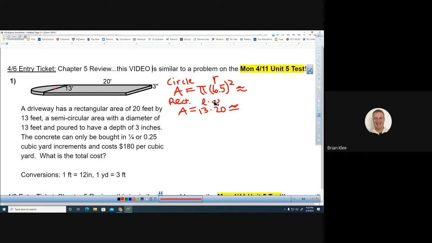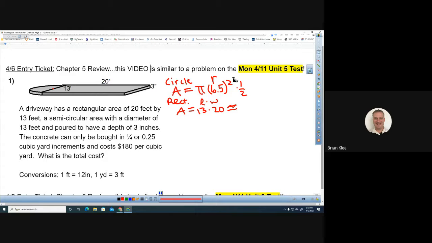So real quick on my calculator, I'm hitting the pi button, and I'm doing 6.5 squared. Oh, big issue here. I only have half the circle. So that does give me the area of the circle, but semi, and very clearly in the picture, we only have half of the circle.